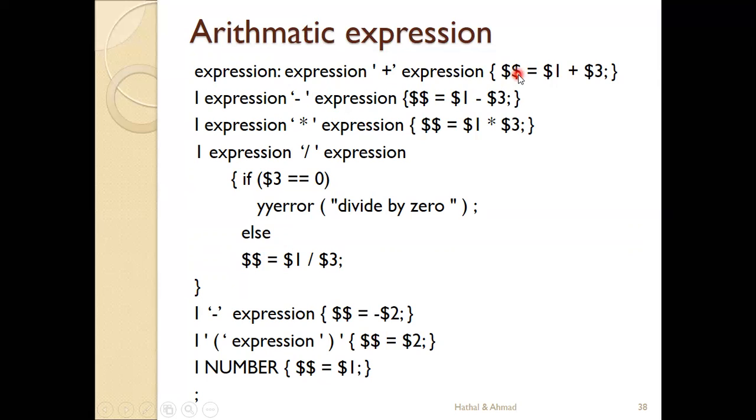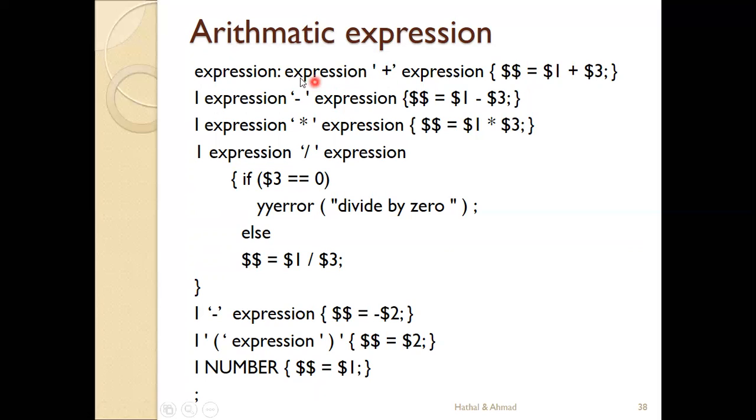The value of the symbol on the left hand side is stored in $$. The values of the symbols on the right hand side are stored in $1, $2, and so on. The first symbol on the right hand side is stored in $1, the next symbol in $2, and in this way the sequence is followed.